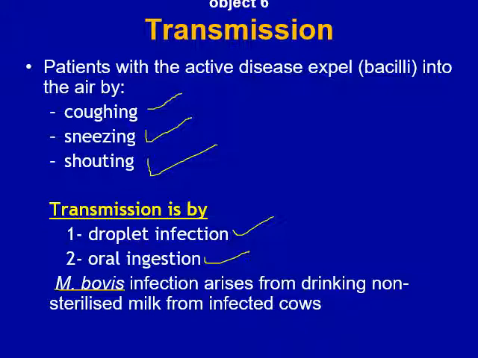When the milk from these cows is not pasteurized or sterilized and is drunk, it may lead to TB in the intestine or in other areas also. The main transmission of pulmonary TB is by droplet infection.